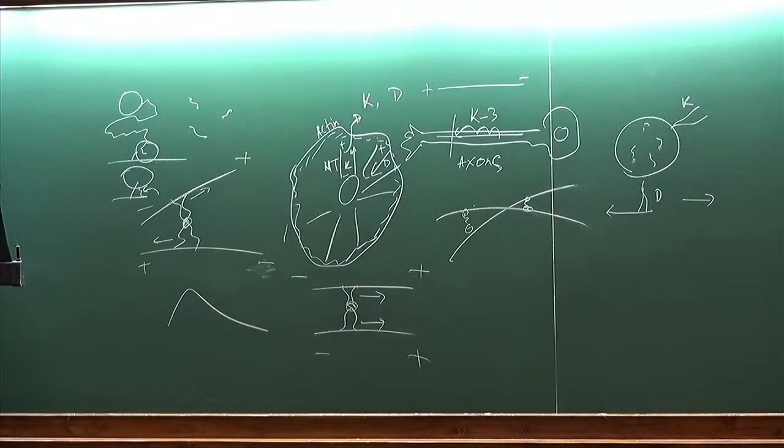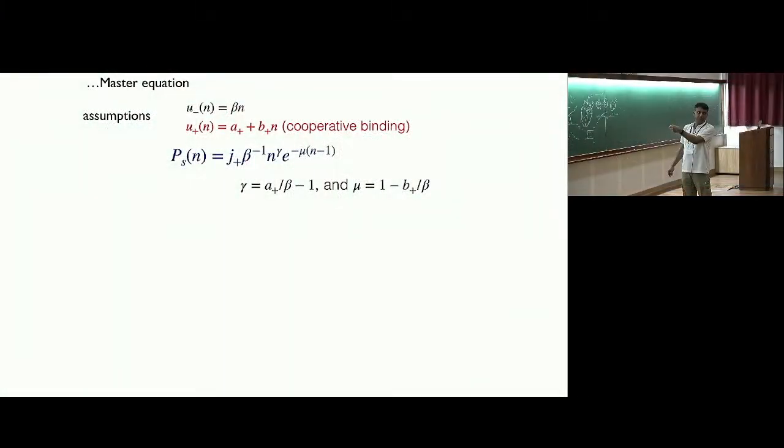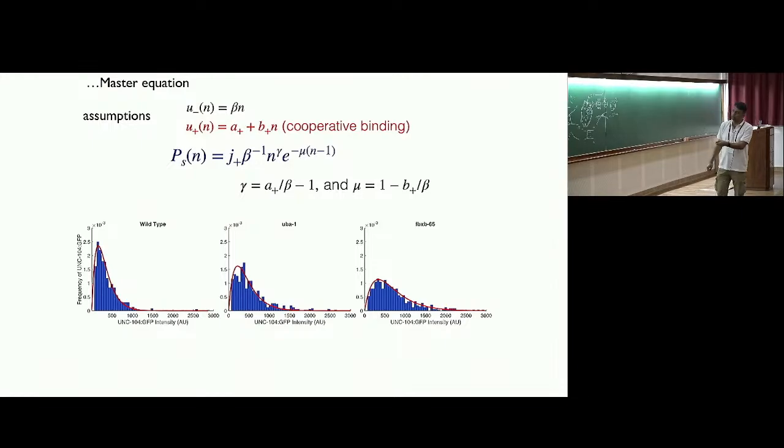And look, this prefactor mu is 1 minus b plus by beta. So if I set b plus equal to 0, then mu is equal to 1. If mu is equal to 1, then this distribution will have exactly the same structure for all these mutants.